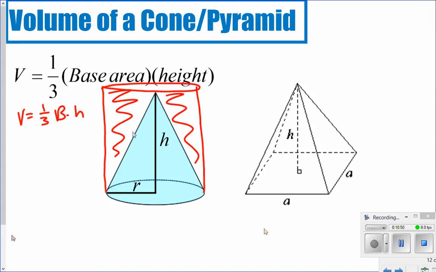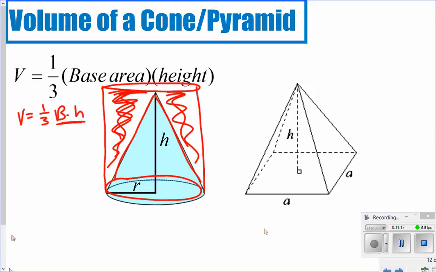Not only is it more, but it's exactly 3 times more. It sort of looks like I have 3 cones, so the 3 cones fill up that cylinder, which means I'll take the volume of the cylinder, which is just area of the base times the height, and I'll divide that by 3 or multiply it by 1/3.